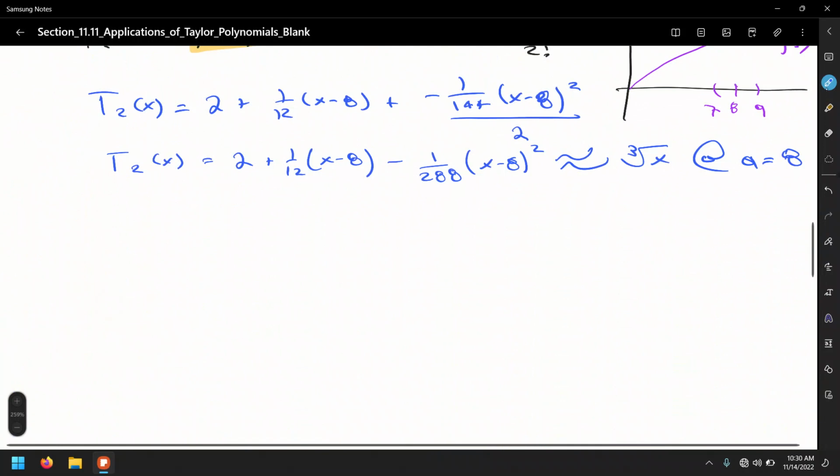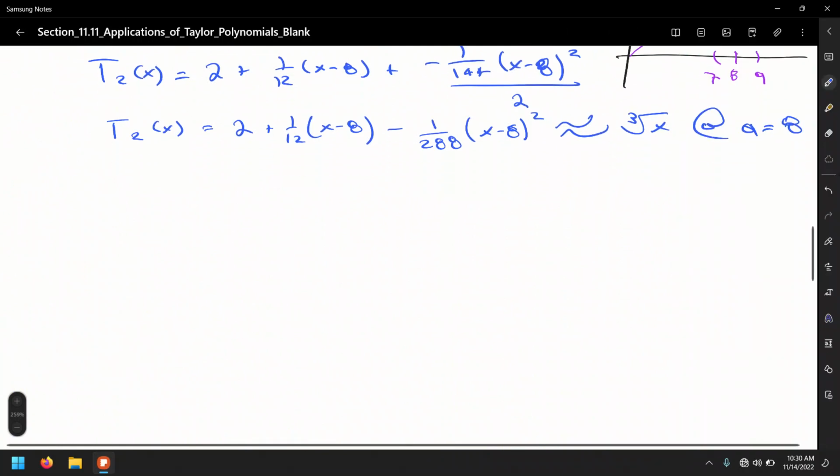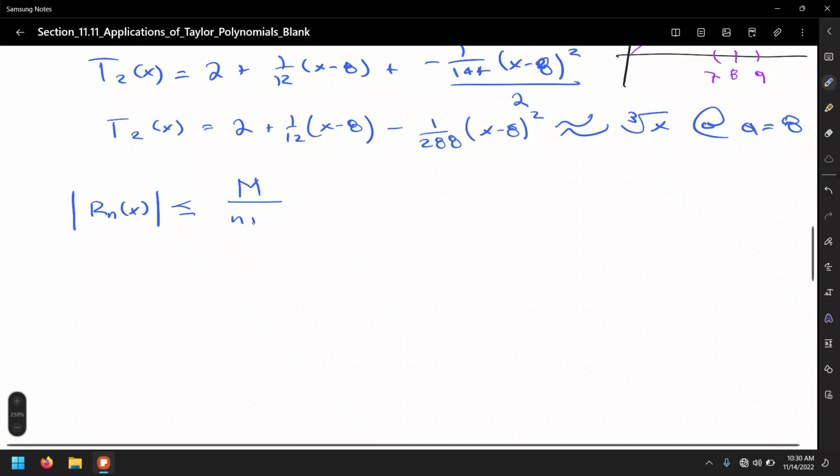So number 1, Taylor's inequality: the absolute value of R_n is less than or equal to big M over (n plus 1) factorial times the absolute value of (x minus a) to the n plus 1.